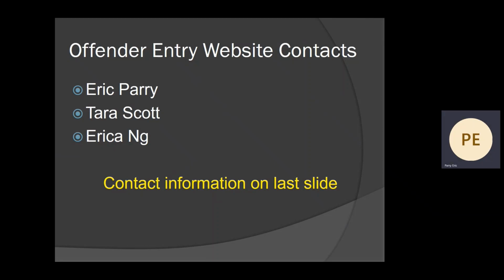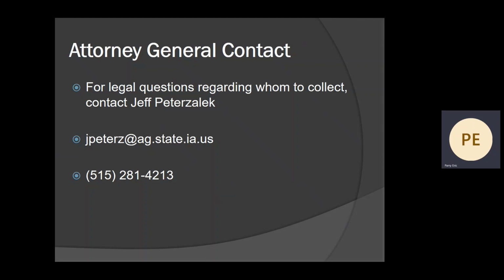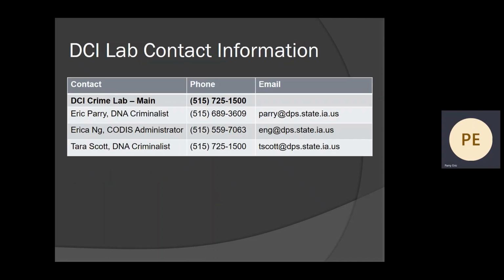But I would still just come to me because she is a very busy person, so I can transfer your information to her if needed. For any legal questions regarding whom to collect, contact Jeff Peter-Zalek. That's his information. And then here's our information at the end.